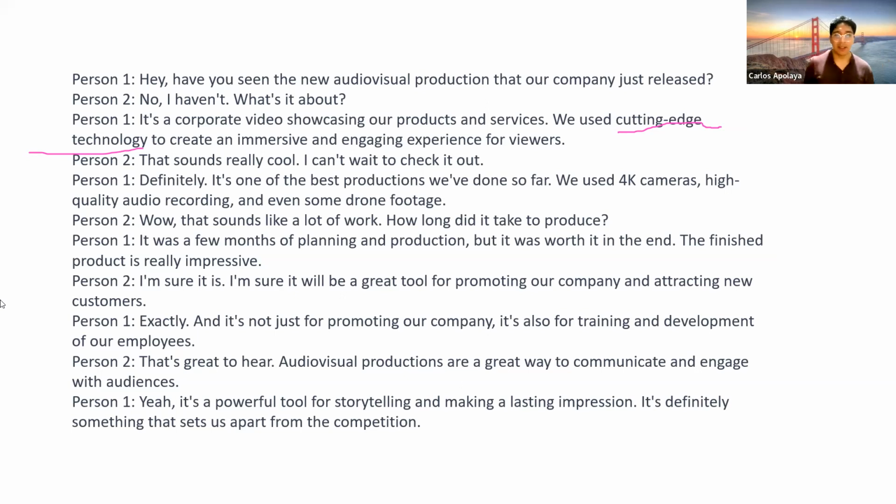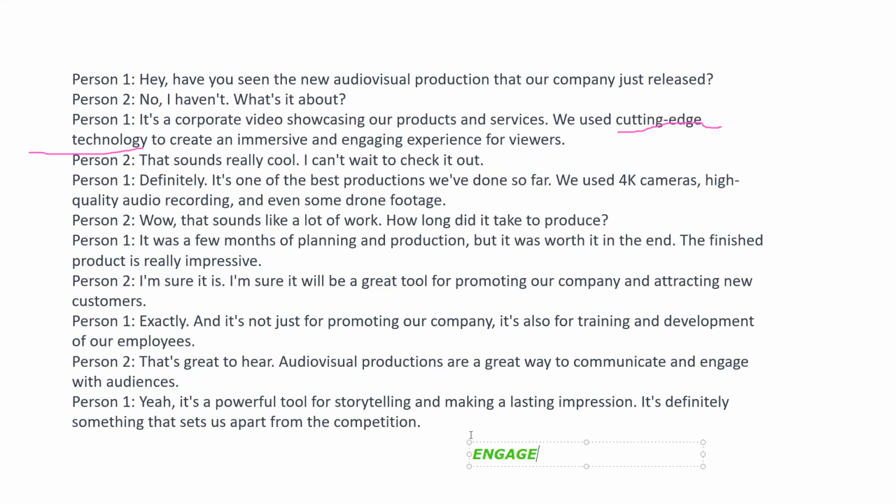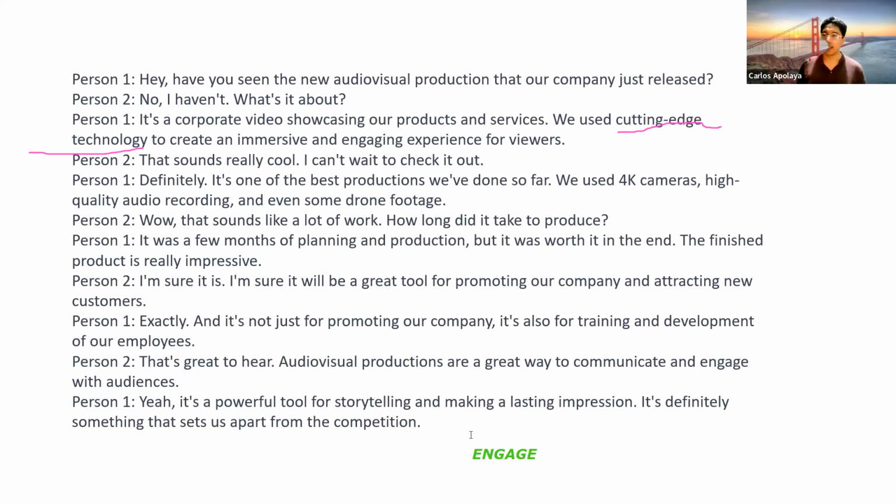Okay? To create an immersive and engaging. Sarah, what does engage mean? Engage. Engaje in Spanish. Any ideas? No. Bueno, ¿a qué te suena? Mira, engage dice engaje.